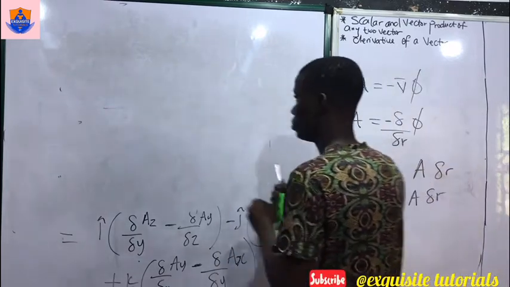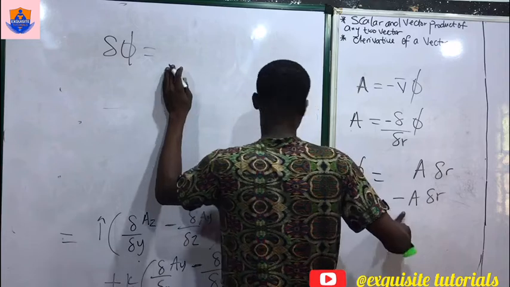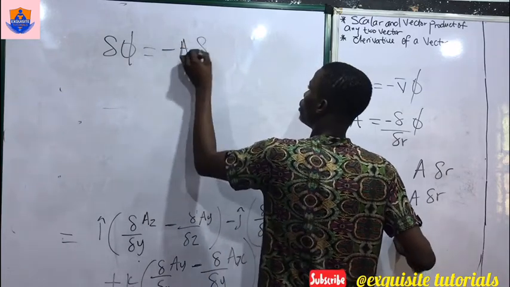So I stopped here. Let me just write it here. Our dphi is equal to what? Minus A dr.